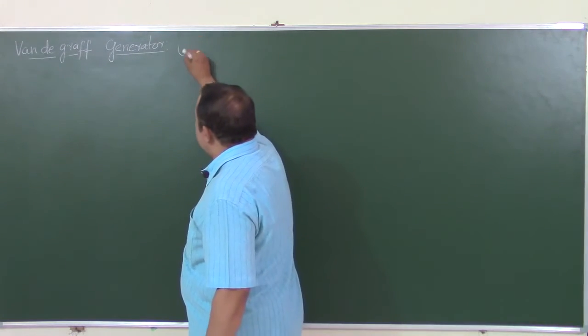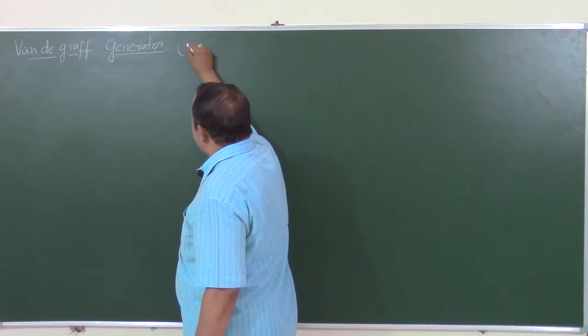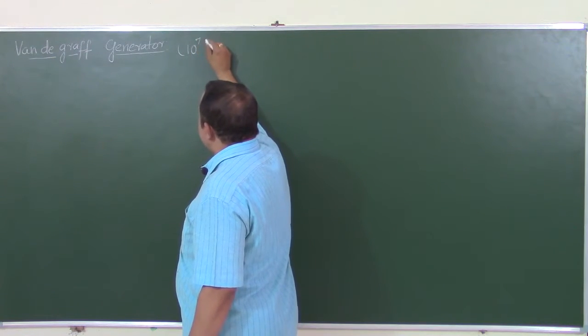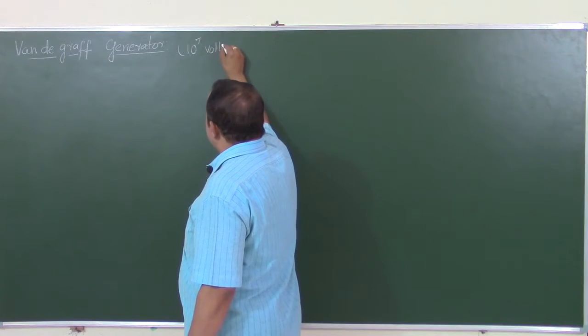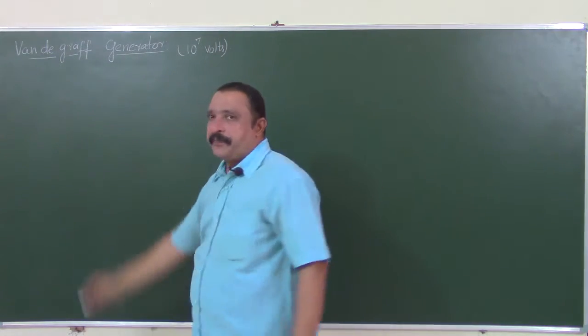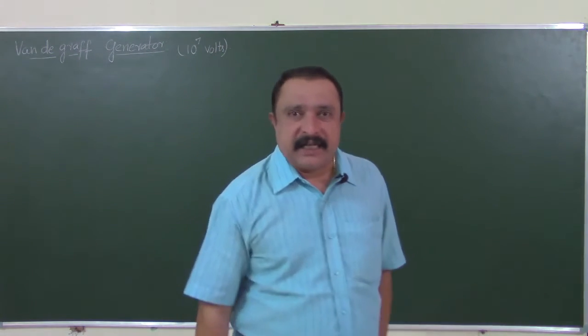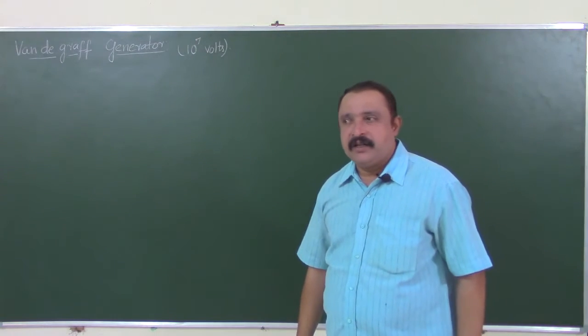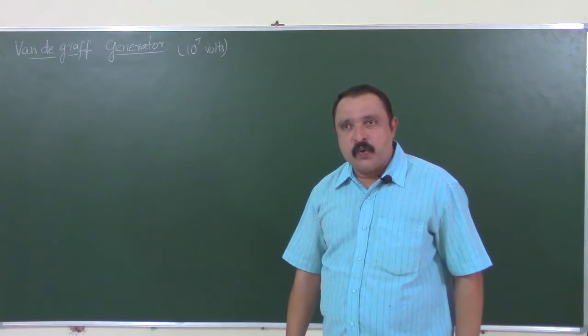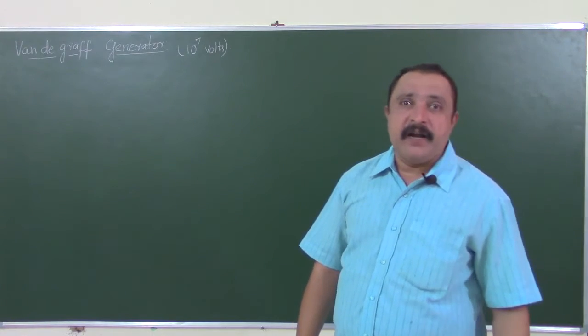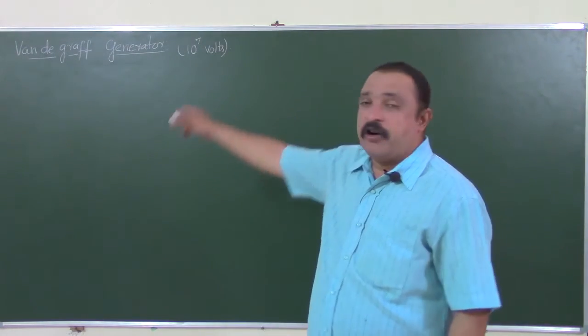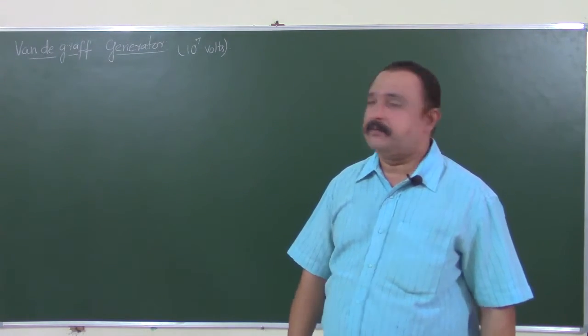This machine is able to produce 10 to the power of 7 volts potential. So, it is used for the production of high voltages of the order 10 to the power of 7 volts.